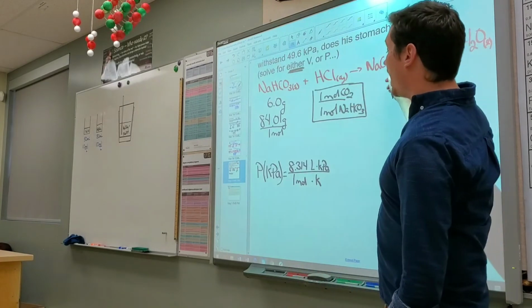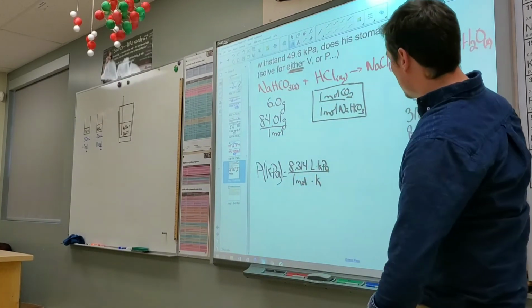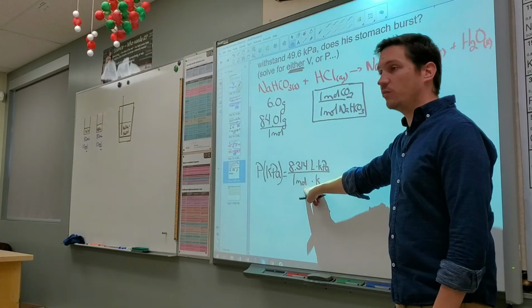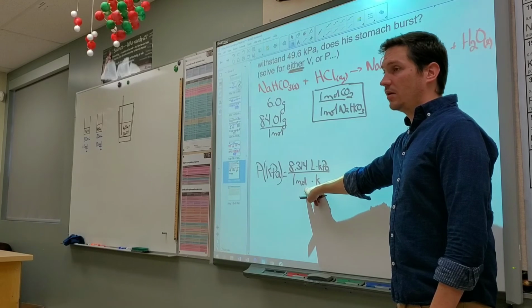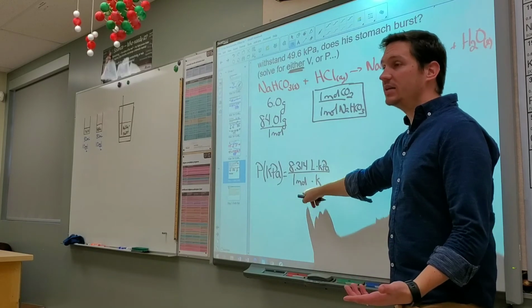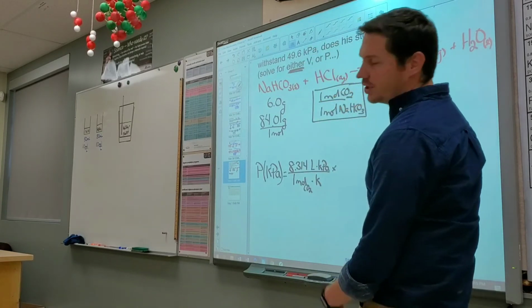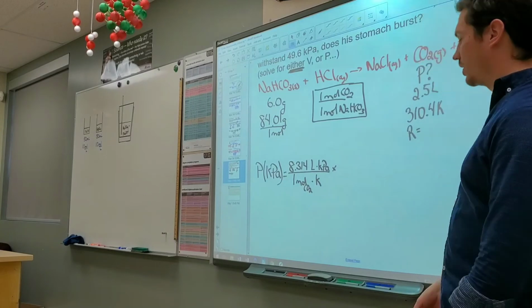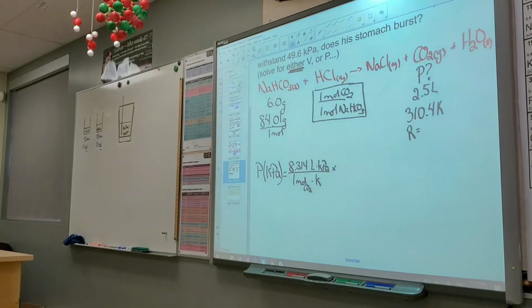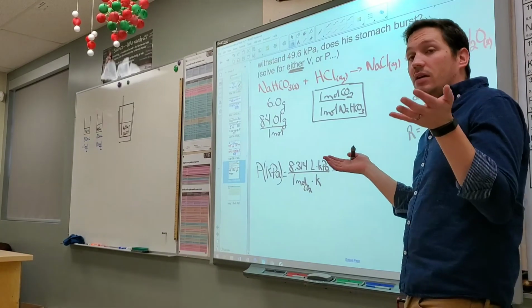Now remember, we're going to have different moles here. What does this mean? This is moles of what substance? The moles of the gas, the moles of CO2. So what do you want to cancel out first? Do you want to cancel out liters, Kelvin, or moles of carbon dioxide? It doesn't matter.